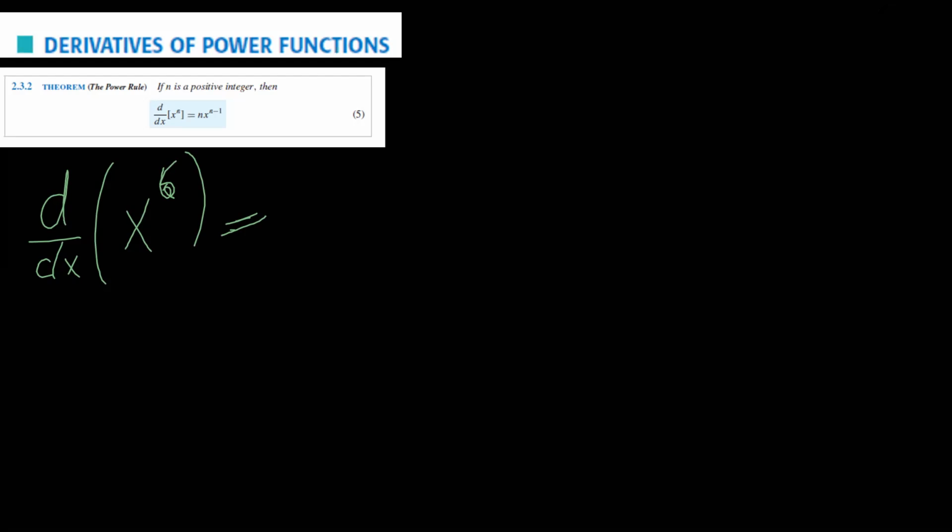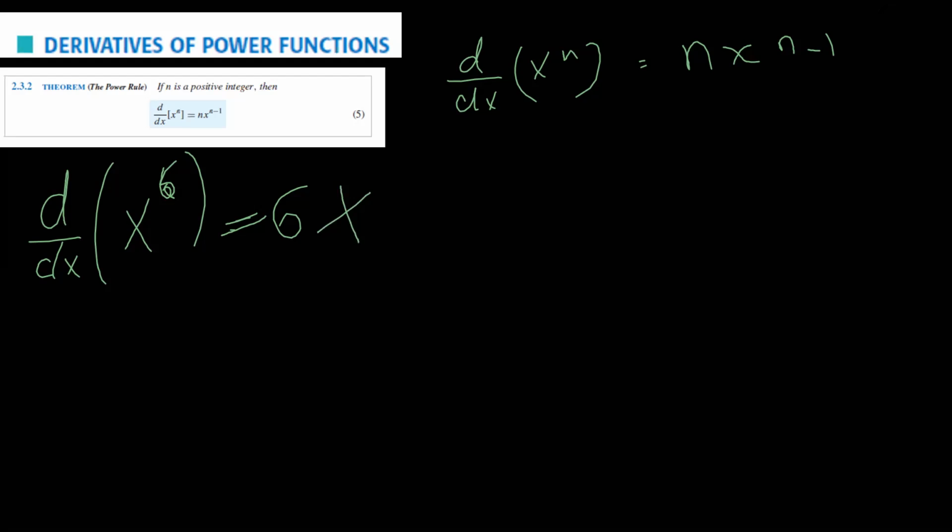The rule is n x to the power n minus 1. Where's n? 6. Then 6x raised to the power of 6 minus 1, which is 5. Thank you.